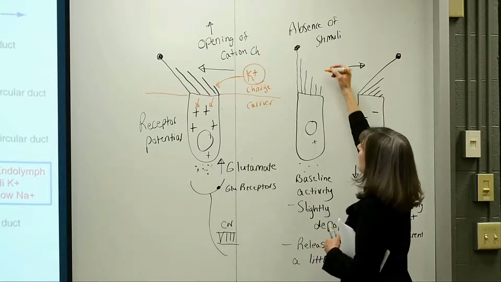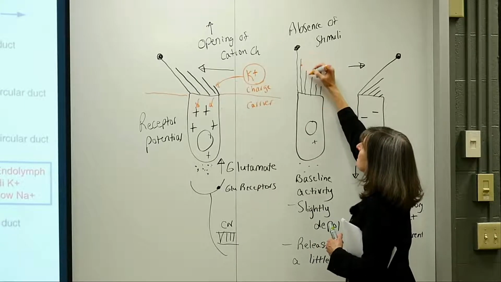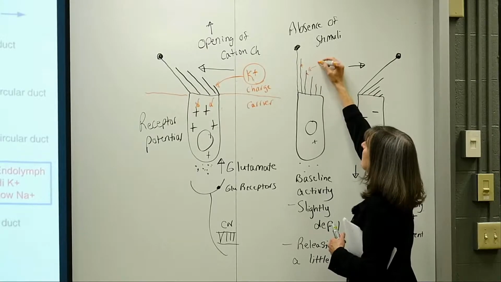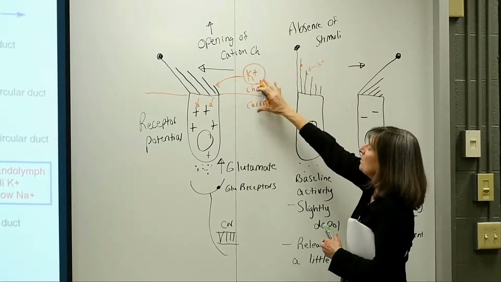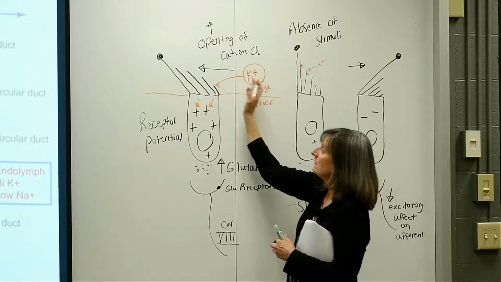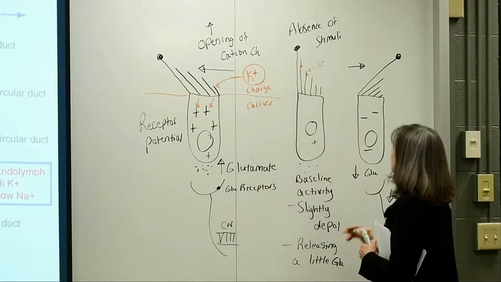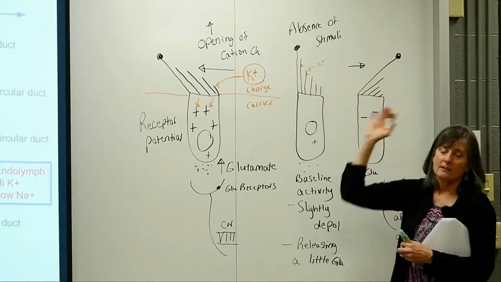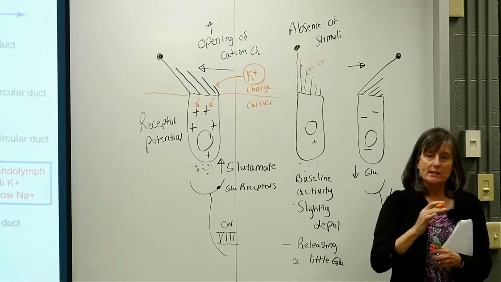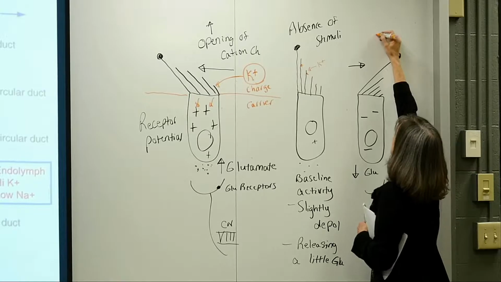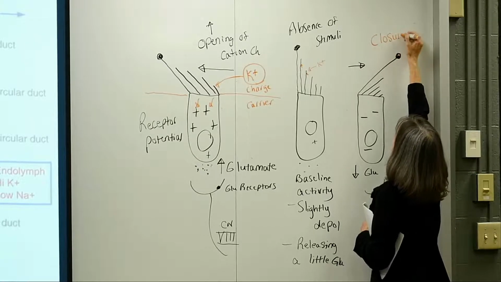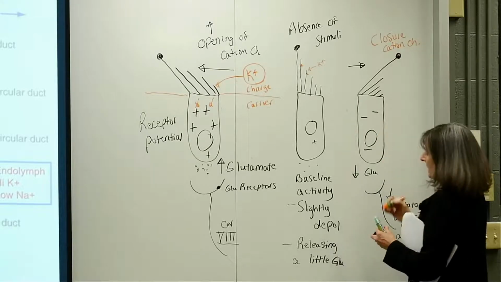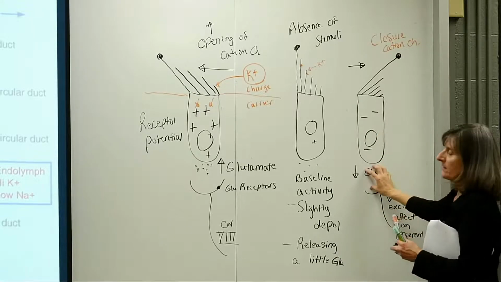And again, at rest, there's some of these cation channels open. And so there's going to be some potassium going in, but not as much as if it's depolarized or if it's bending towards the tallest stereocilium. And then when the hair bundle is bent towards the shortest stereocilium, there's going to be a closure of these cation channels. And that's going to result in hyperpolarization and a decrease of glutamate.